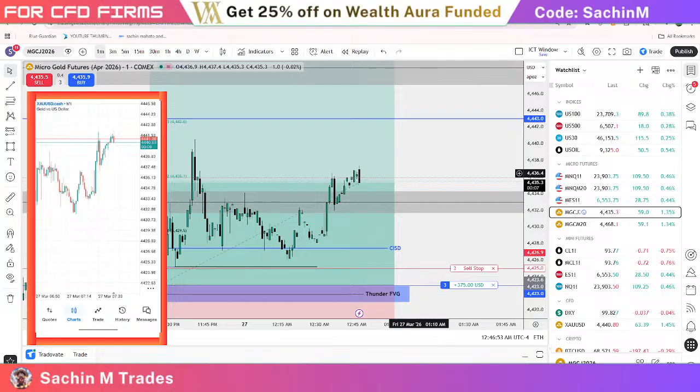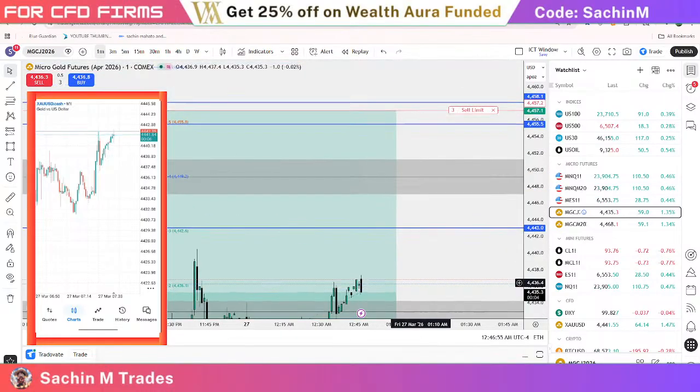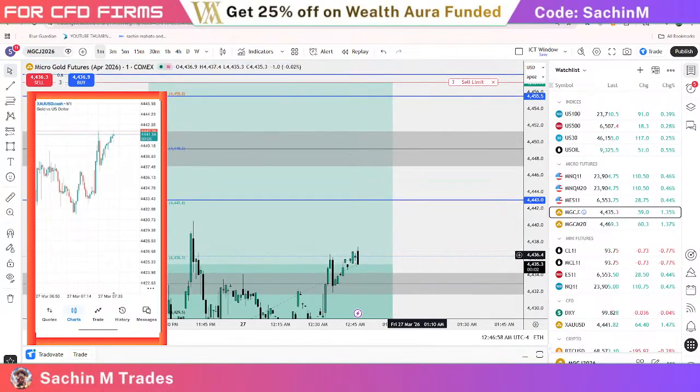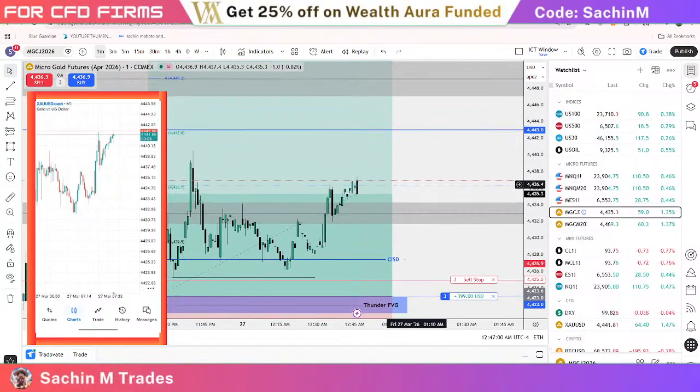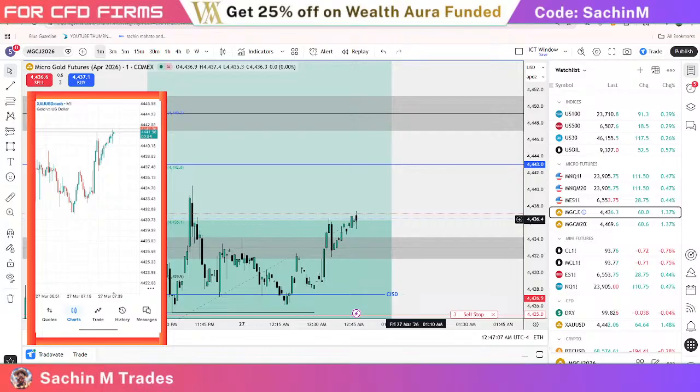We are not even halfway through our target. We are at 1 is to 2 right now. That is $400. We are currently sitting at 1 is to 2, and we need to go 3 RR more.